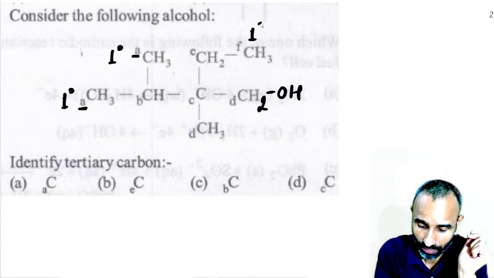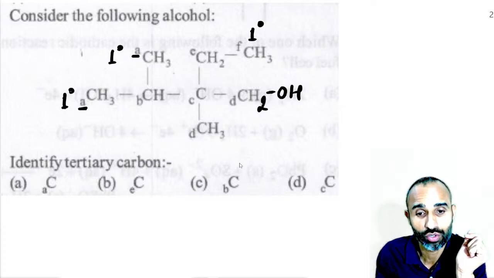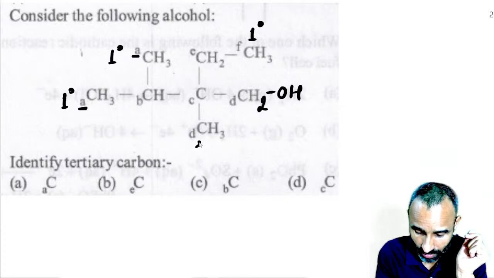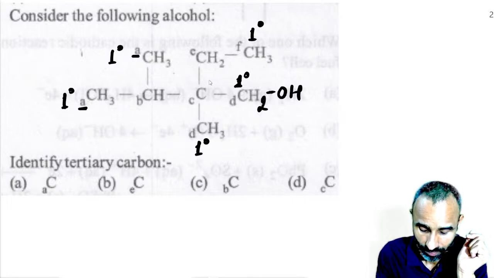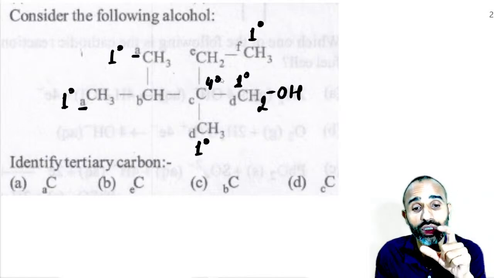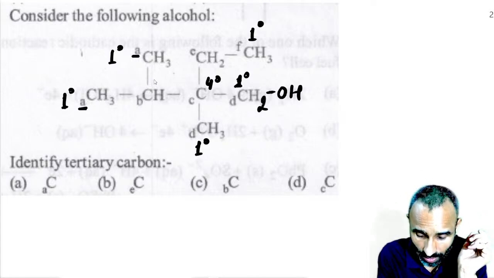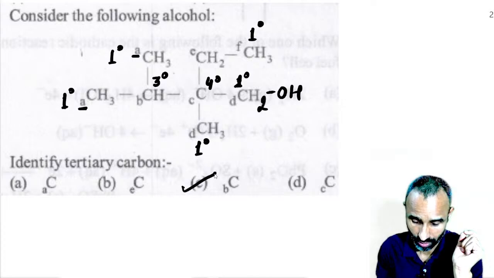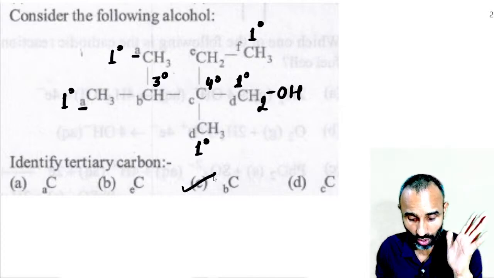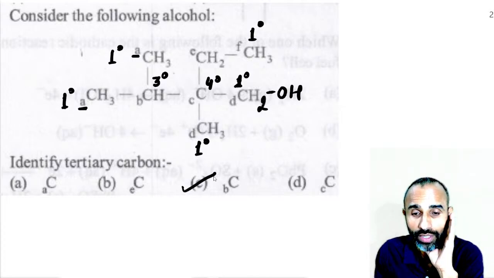Even F carbon is attached to one carbon, and D is also primary. This one is quaternary because it is attached to 4 carbons, and this one is attached to 3 carbons. That's why it is tertiary. So option C is correct.